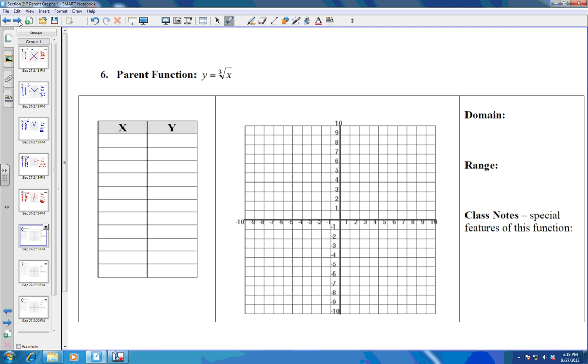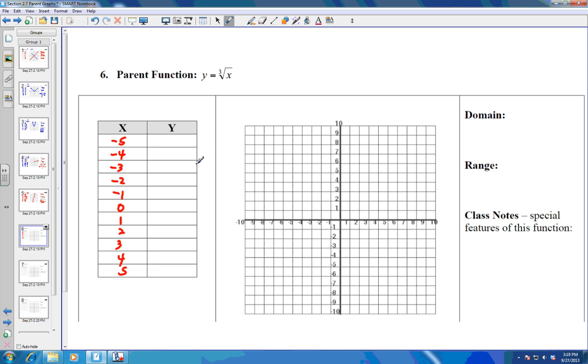Okay, number 6, y equals the cubed root of x. All right, so let's see here. -5, -4, -3, -2. All right, so when I plug in the cubed root of x, which is 1 divided by 3.